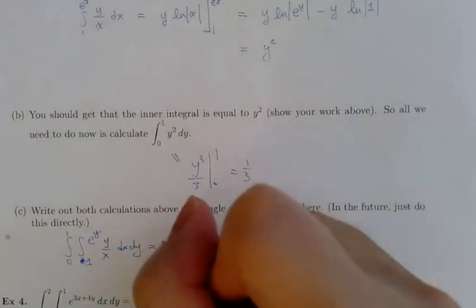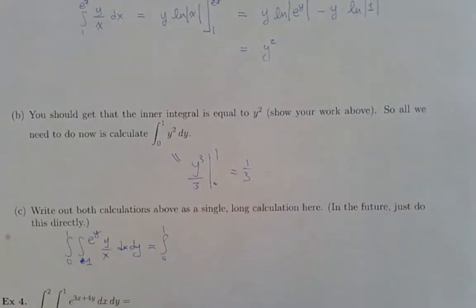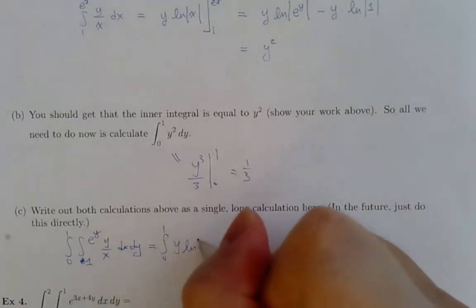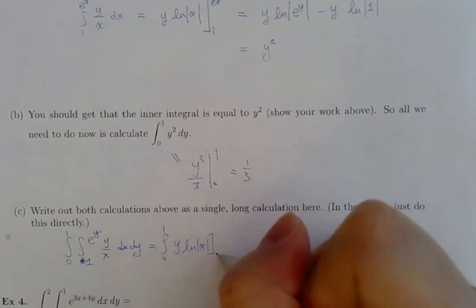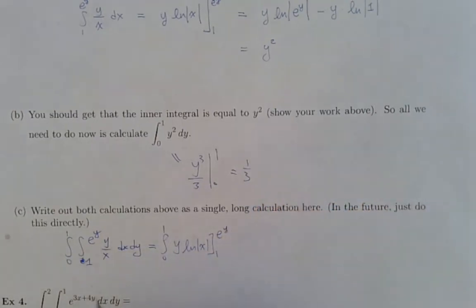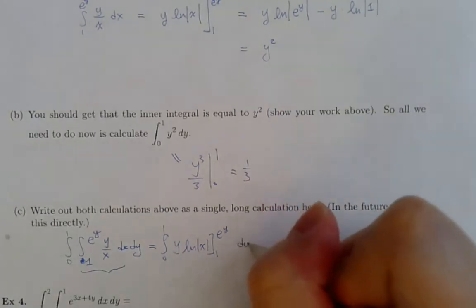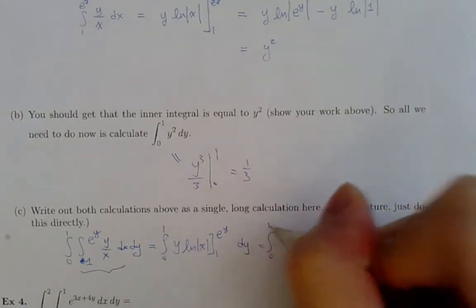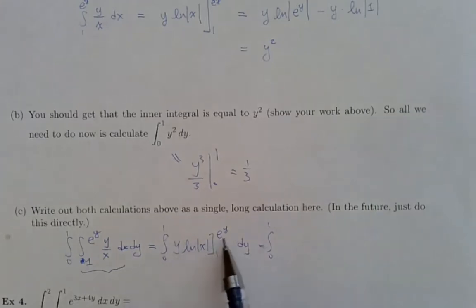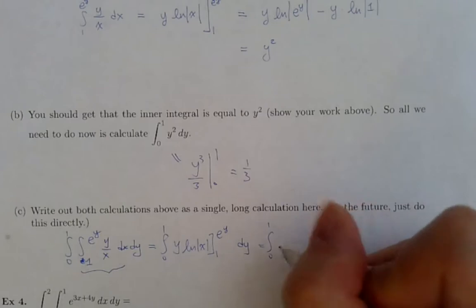And that's equal to the integral from 0 to 1 of y over x, that's y log of x, evaluated from 1 to e to the y. That's this inner integral right there. We still have a dy outside. And then usually I have to do one step and simplify this. So plug in e to the y there, I get y squared.